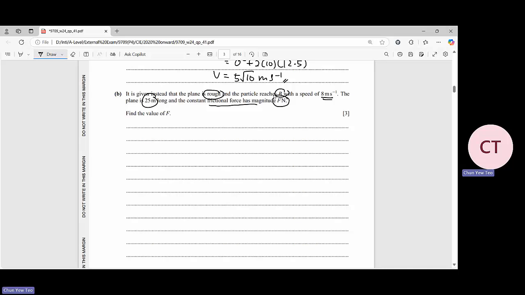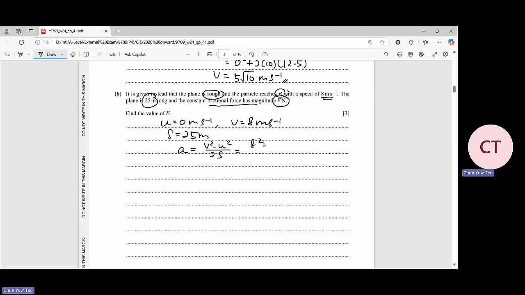the energy method because I have U as 0, and I have V as 8. I have the distance traveled as 25 meter, and I have the frictional force. So over here, we can use a equals V square minus U square over 2s to find the acceleration.